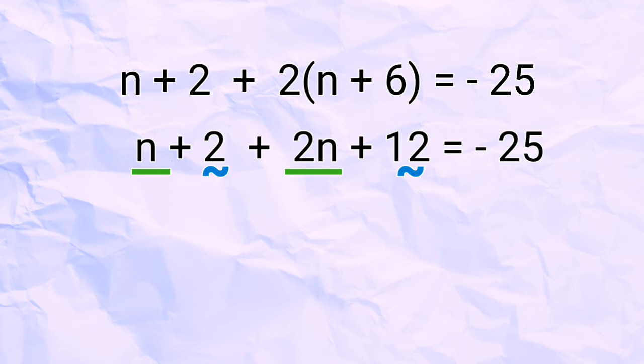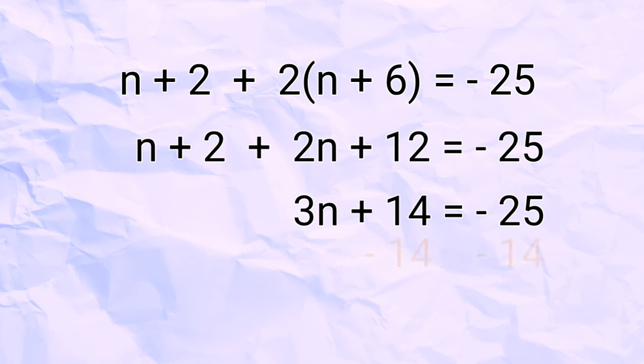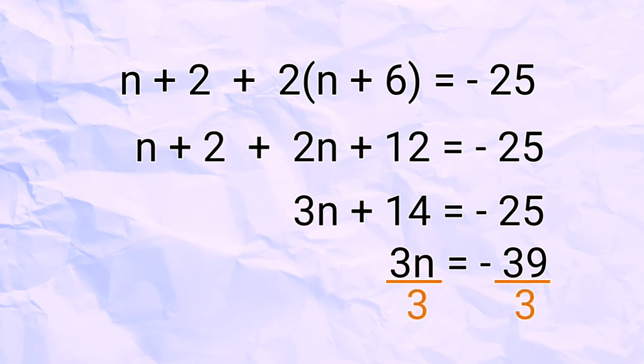So we get 3n plus 14 equals negative 25. Now we subtract 14 from both sides of the equation, and we have 3n equals negative 39. Next, we'll divide both sides by 3, and we have n is equal to negative 13.